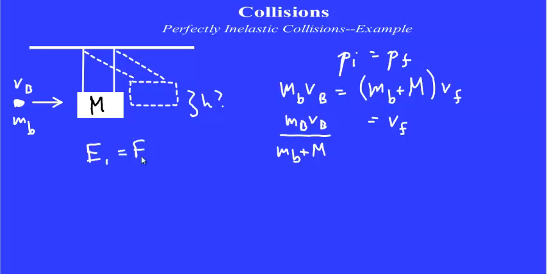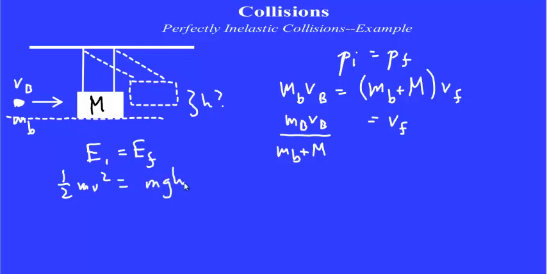So we write that out. Assuming that the level of the block is our zero level, we have only kinetic energy at the beginning, and then when it reaches its highest point, we only have potential energy.